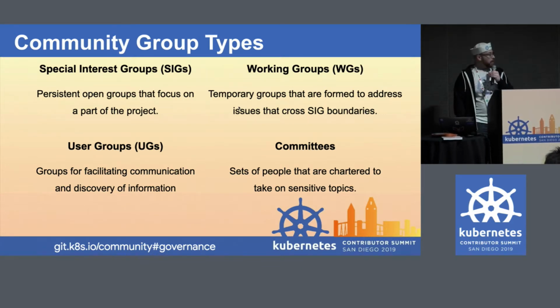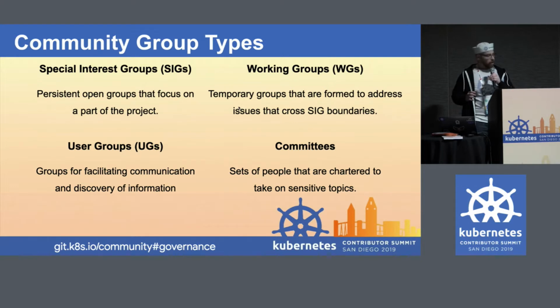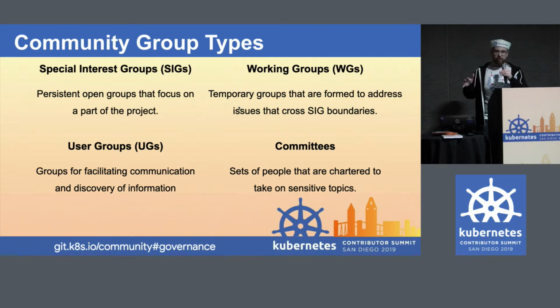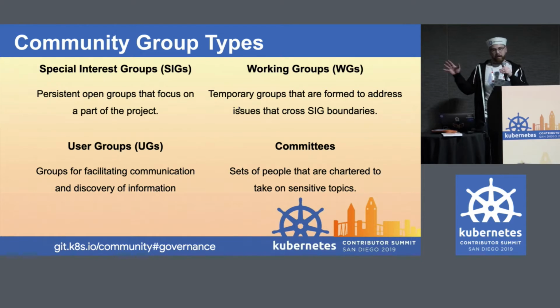So SIGs, special interest groups, are the foundation of the Kubernetes project, and they drive the majority of work. Working groups are formed when SIGs need to do something that impacts multiple SIGs, and they're time bounded or goal bounded. We'll terminate the working group once we complete the specific task.